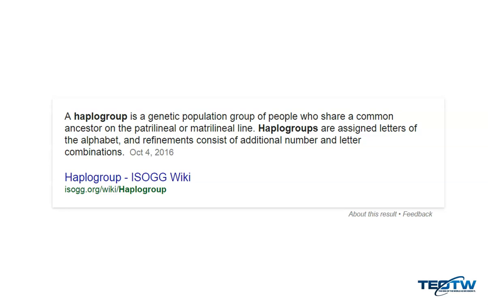Okay, so in this use of the word haplogroup, this is the term that everyone uses, where they try to identify a population of people and try to group them and say, well, okay, they're all related.